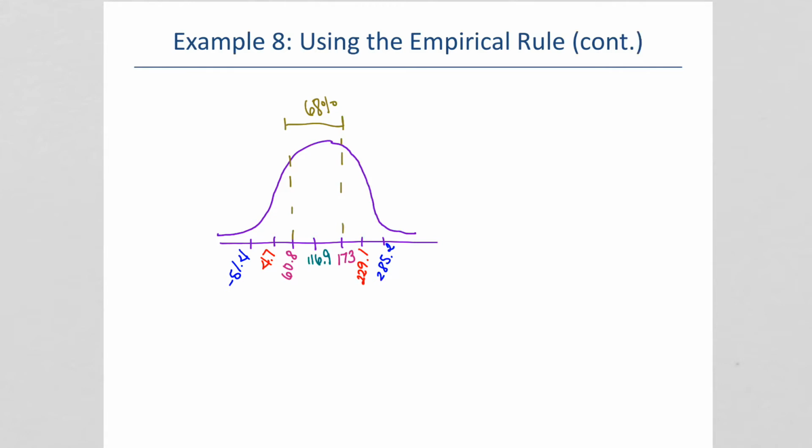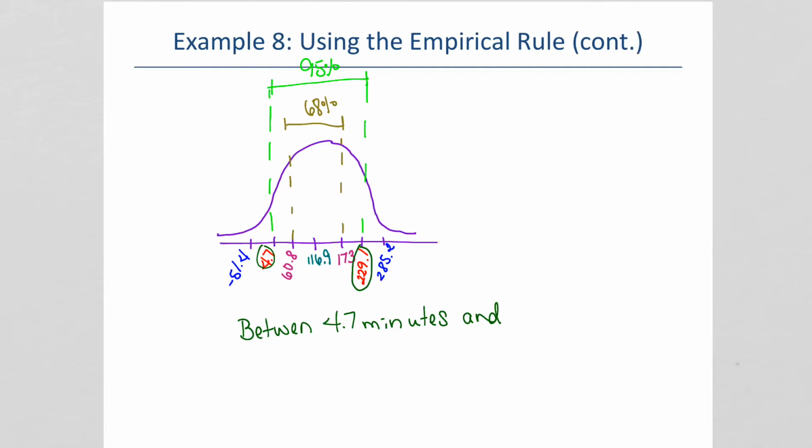Then 95% would be 2 standard deviations from the mean. So we can say that the wait time for 95% of patients is between 4.7 minutes and 229.1 minutes.